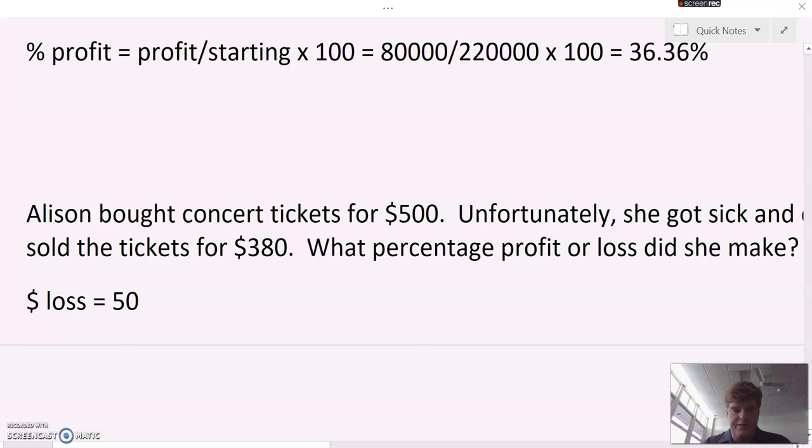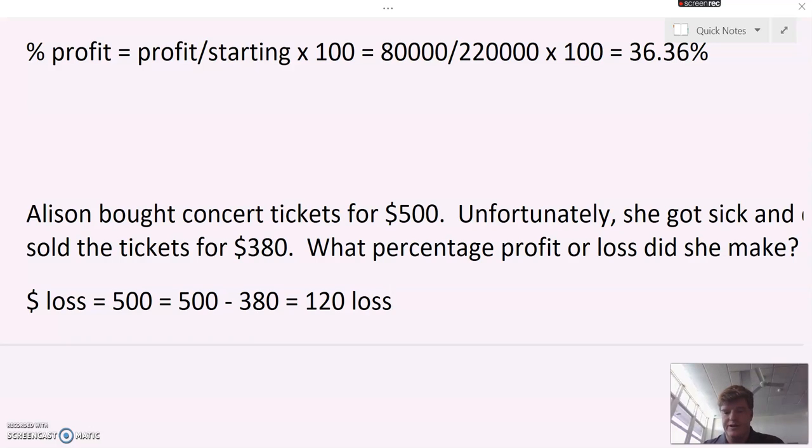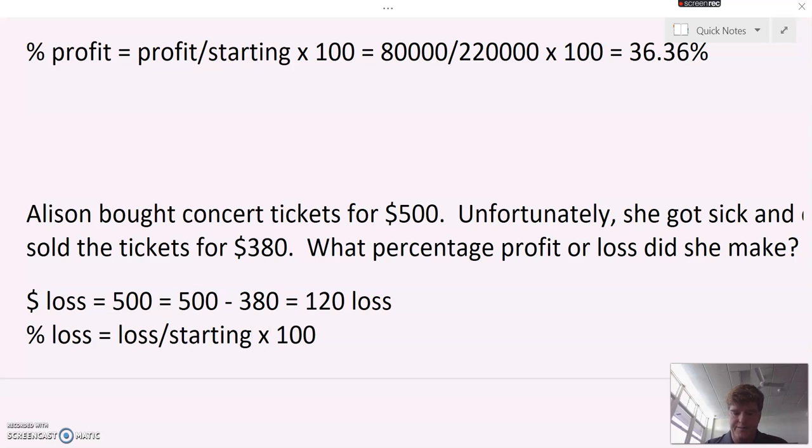So it's going to be the $500 she paid minus the $380, which means she's lost $120 on the deal. So now we're going to find the percentage loss. So it's going to equal the loss divided by the starting amount multiplied by 100.